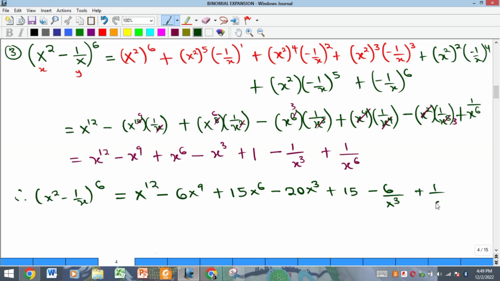That means this will still remain as 1 over x raised to the power of 6, and this is our solution. We can actually rearrange this and bring the constant to the back if we want, and we can also leave it this way, and that's the solution to this problem.